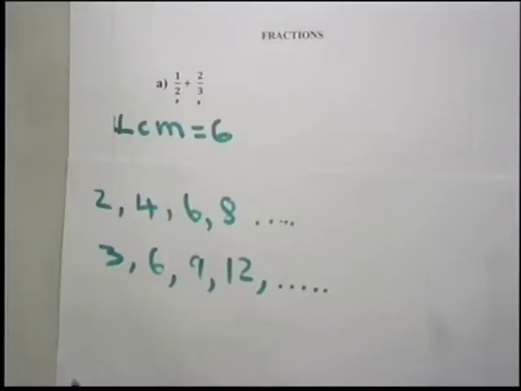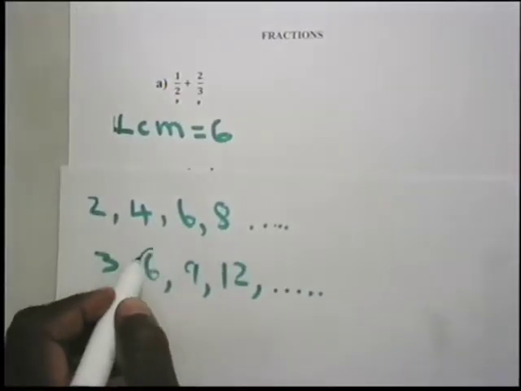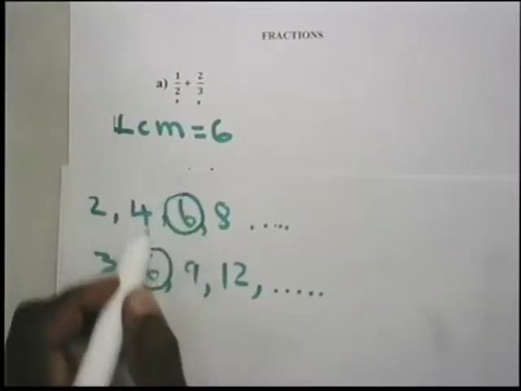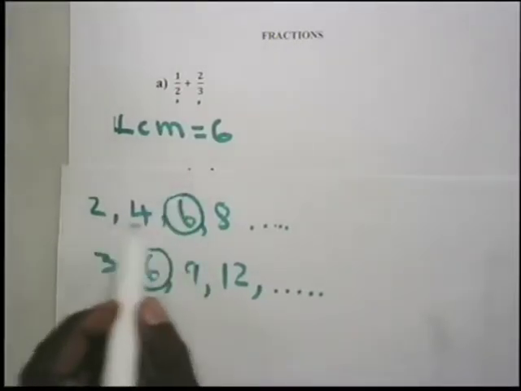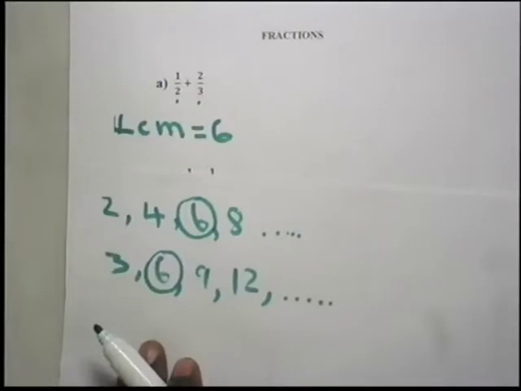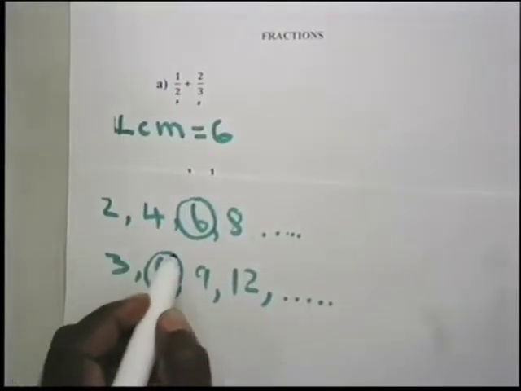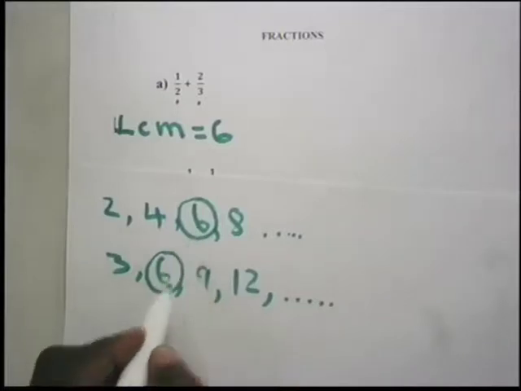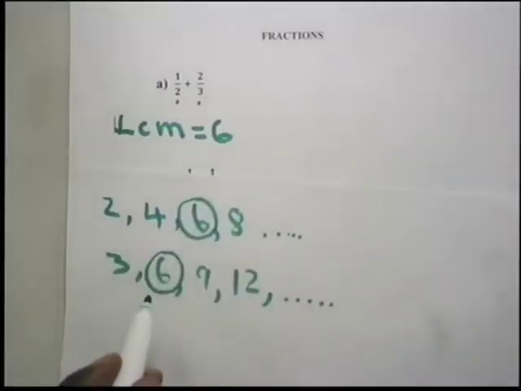So now the LCM would be the smallest number that is in both lists of multiples, because the first line gives us the multiples of 2, whereas the second line gives us the multiples of 3. Therefore, the lowest multiple which is common in both is 6. So the LCM is 6.